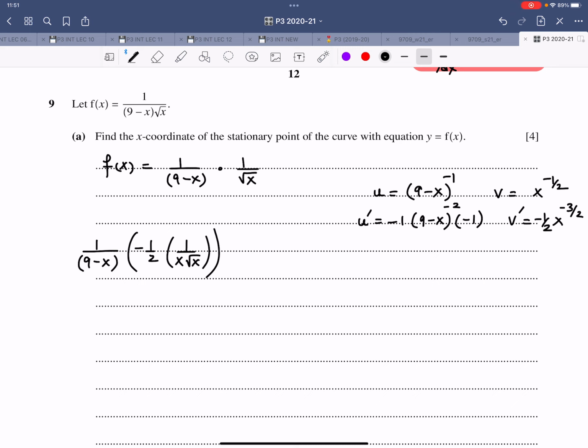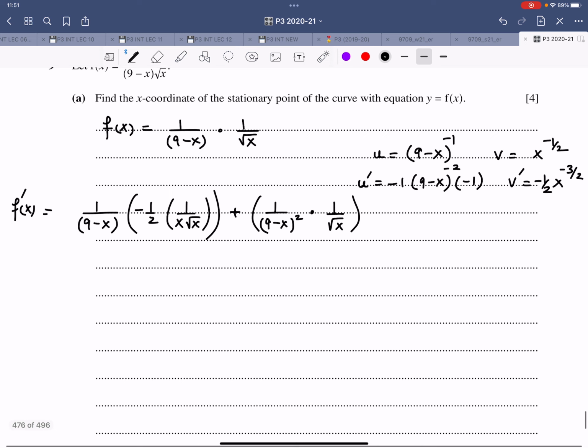And then the second part, there is a plus sign, and this minus becomes a plus. This is 1 over 9 minus x, the whole thing squared, and this is x raised to the power of minus half. This is 1 over root x. So that's the first thing, which is f prime x. Now you have to take common out. So 9 minus x and 9 minus x whole squared, something from here can be taken common out.